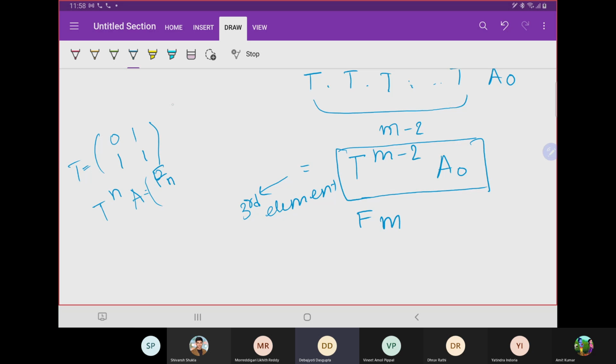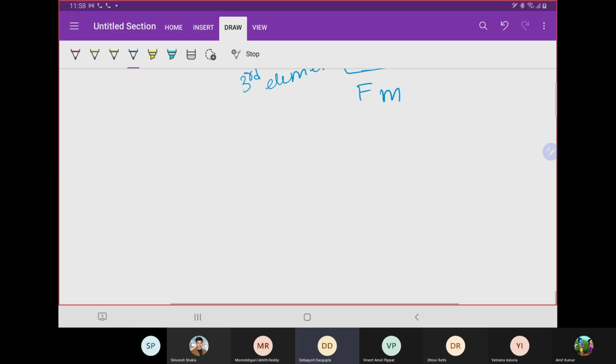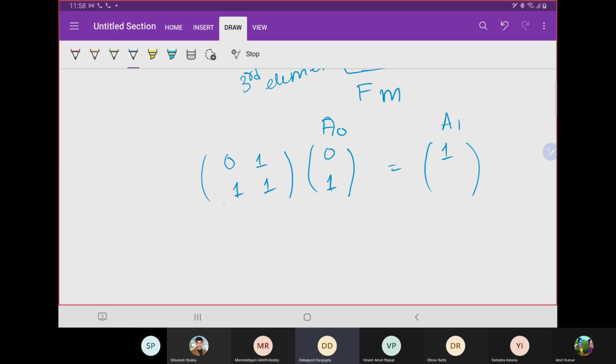Okay, so for the Fibonacci number sequence I will also display this. For the Fibonacci sequence, my transformation matrix was 0, 1, 1, 1, and my A0 matrix was 0 and 1, right? So my A1 will become 0 into 0, 1, and 1 into 0, 1.